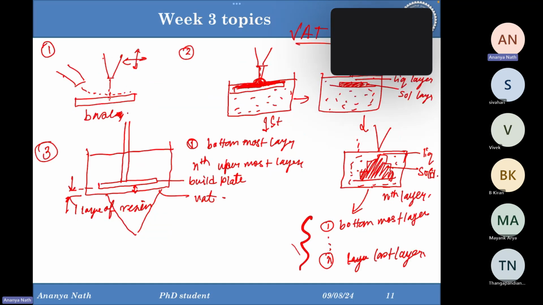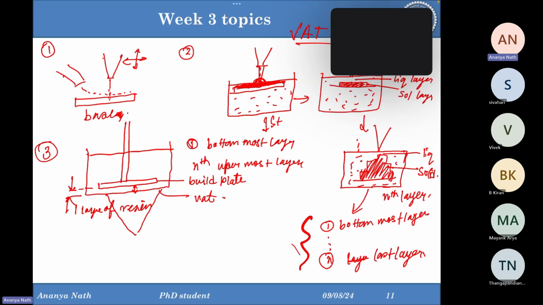Then again, we have SLA. In SLA, laser is used, stereolithography. In DLP, mostly UV light is used. It is digital light processing. And then there is rapid freezing, which has not been discussed yet. And in SLA or DLP, or particularly in vat photopolymerization, there can be this spreading technique, where the liquid will be spread.